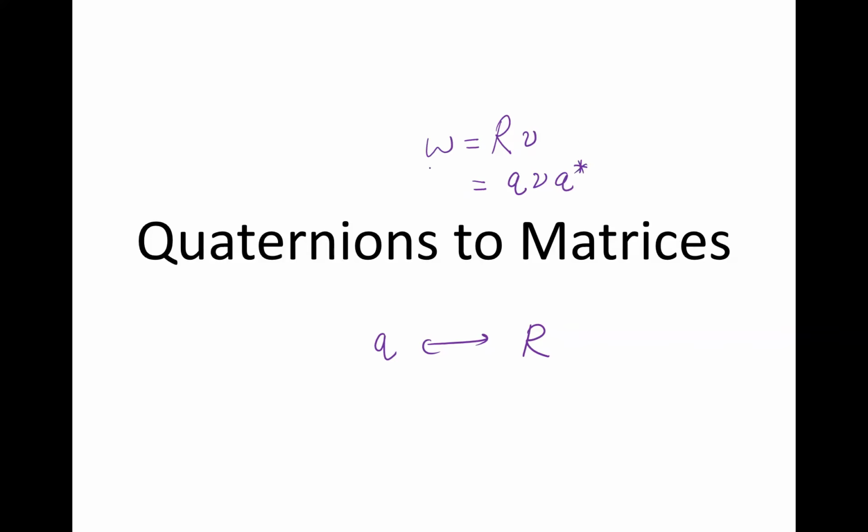And again, we are getting the same W. So therefore, this R and Q are somewhat related. So again, such mathematical libraries will have, okay, quaternion to matrix. That kind of a function should be there. And there should be another function, maybe rotation matrix to quaternion, right?